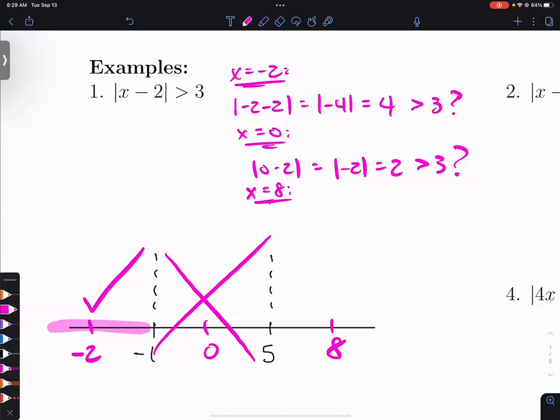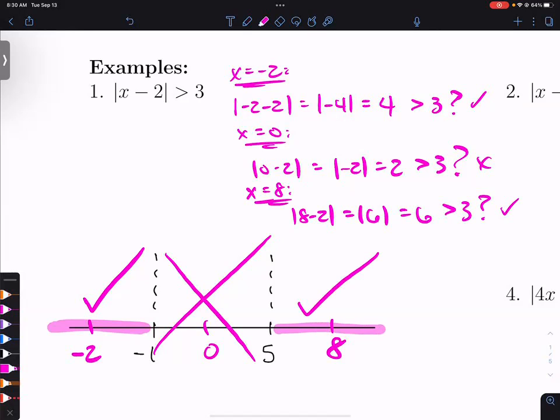And then 8. We get 6. 6 is bigger than 3. So I'm going to include that piece as well. What about the endpoints? Parentheses, why?